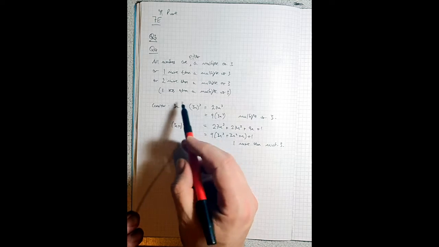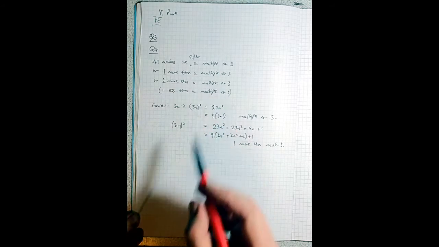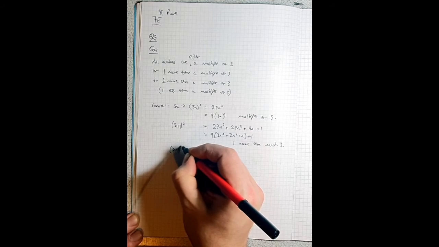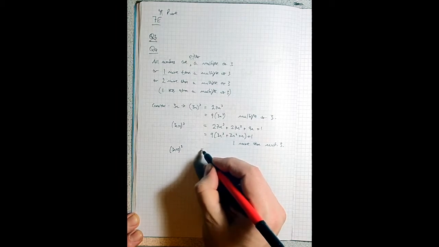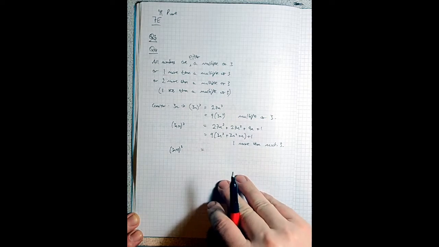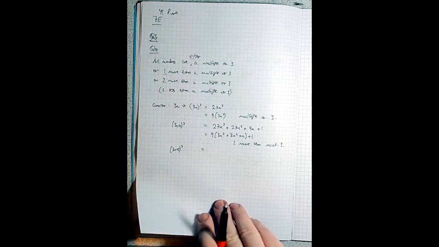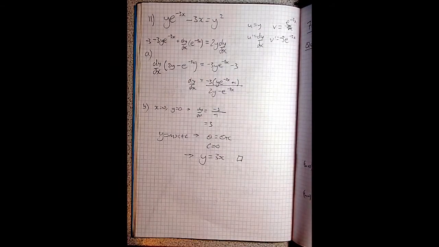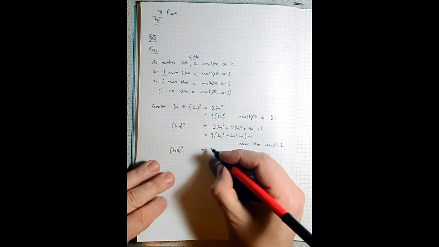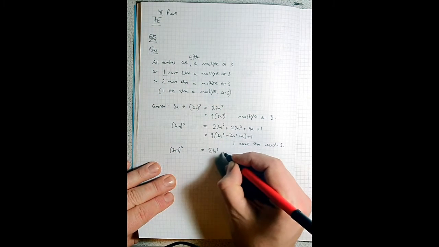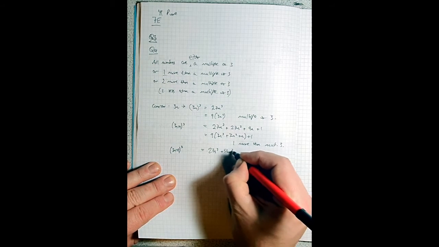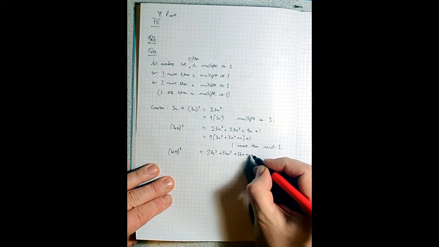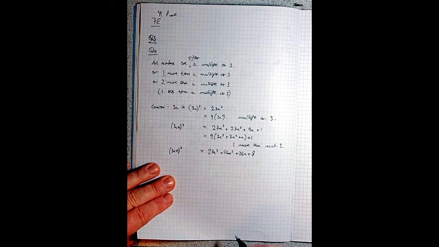Now, I can either consider 1 less than a multiple of 3 or 2 more than a multiple of 3. And both work, and I'll show you that both work. If I do 2 more than a multiple of 3, I've worked this out actually, I worked it out on the previous page. Let's have a look. 27n cubed plus 54n squared plus 36n plus 8.